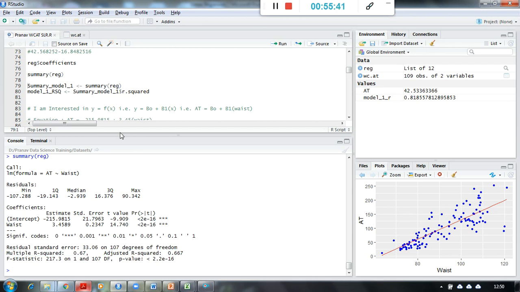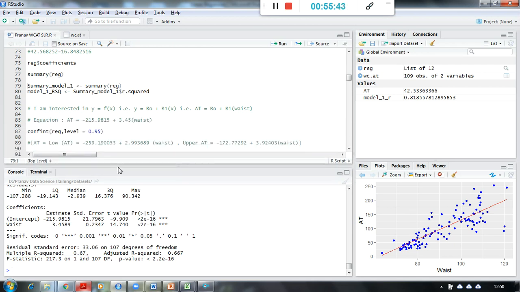So how to improve upon the model? By using transformations, right? Before going on to the second model, I will simply store this r square, because as I said, I want to create a table about it.